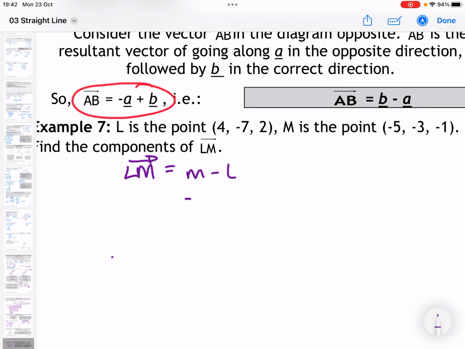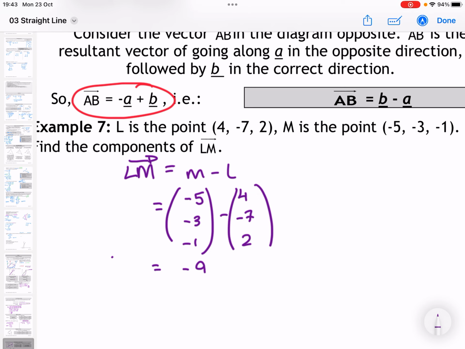So that becomes (5, minus 3, minus 1) take away (4, minus 7, 2), which was the components of L. So we would do 5 minus 4 is 1.